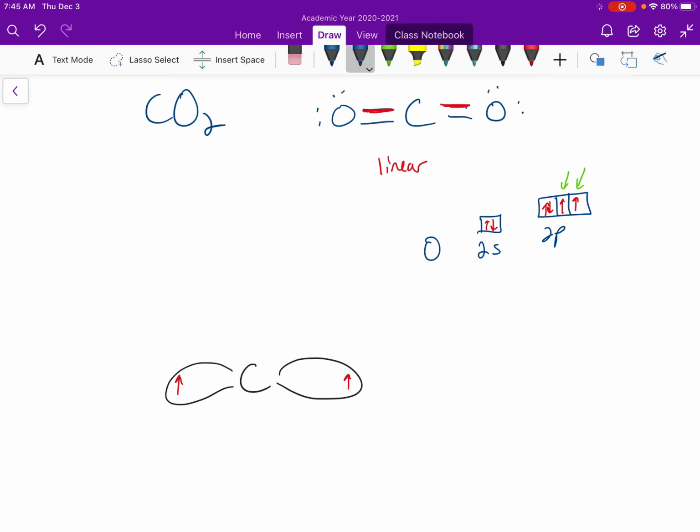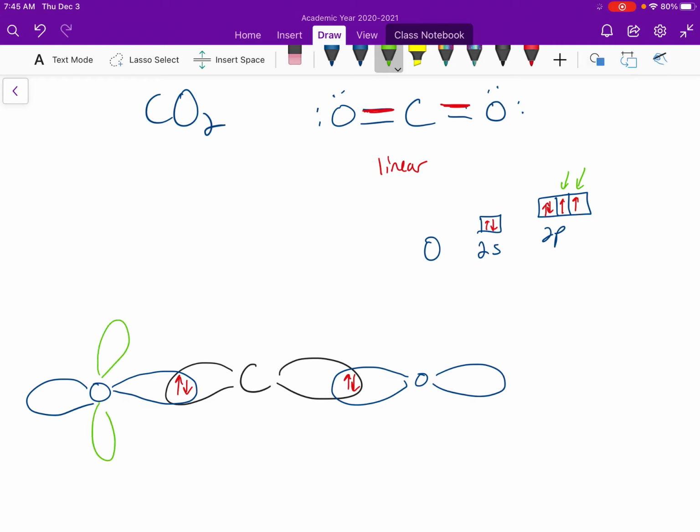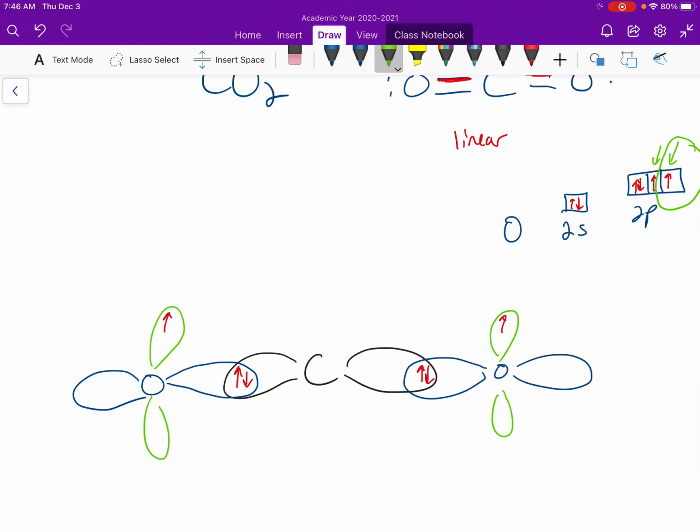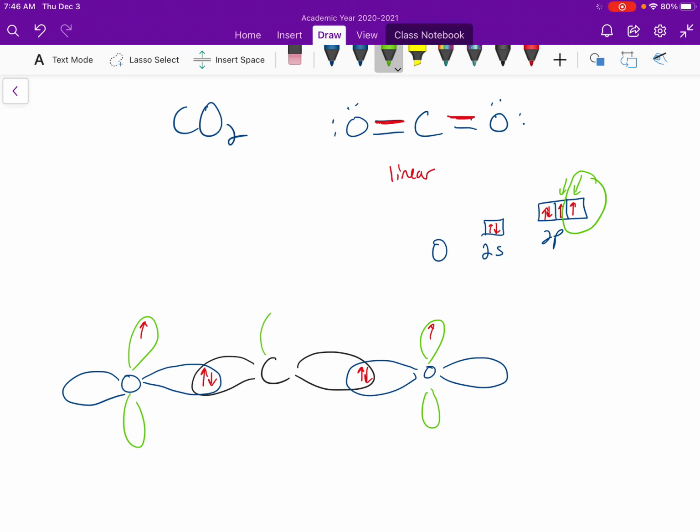Okay, and then it's going to overlap here with our oxygen. So our oxygen is going to have a p orbital here, right, that it's going to overlap with. So we'll have an oxygen over here with a p orbital here that it's going to overlap with, because its s is full, unlike a hydrogen. Then it's going to use its other extra bonding spot, this extra p orbital here, to overlap with the extra carbon p orbitals, that has 2 now.